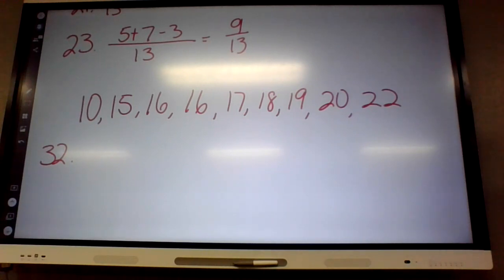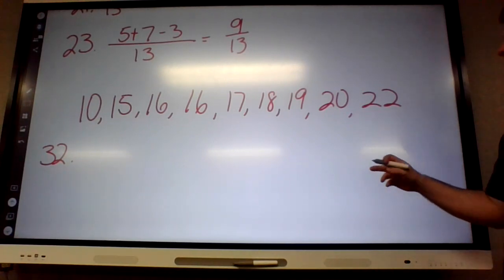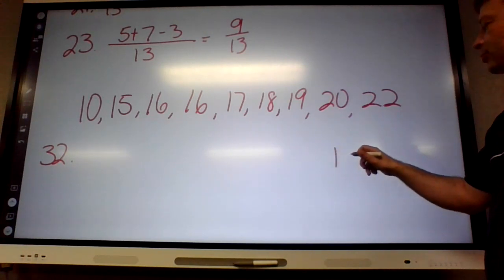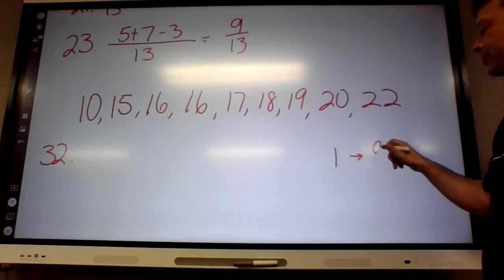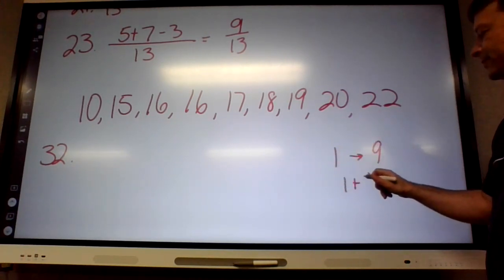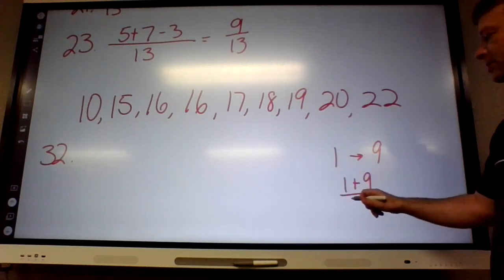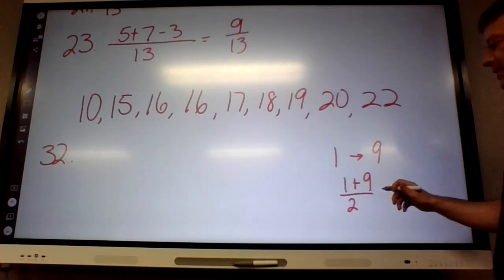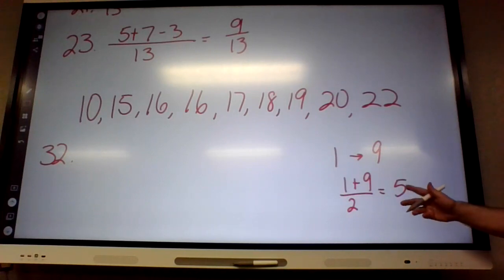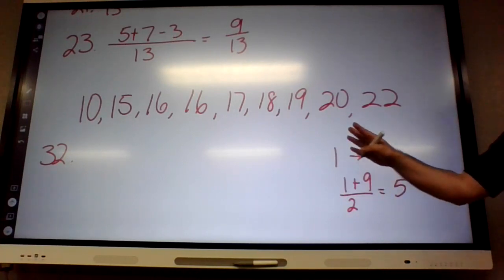Okay, and then for B, what did the median mean? Middle. How do we find the middle number? If the numbers go from 1 to 9, the middle number will be the fifth number, not the number 5. 5 is not on the list.